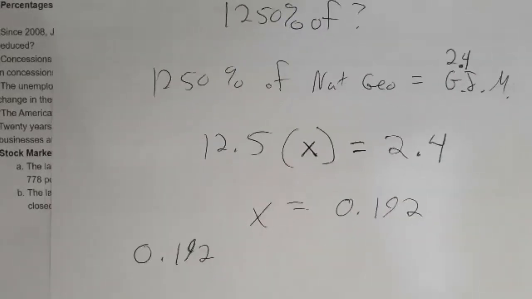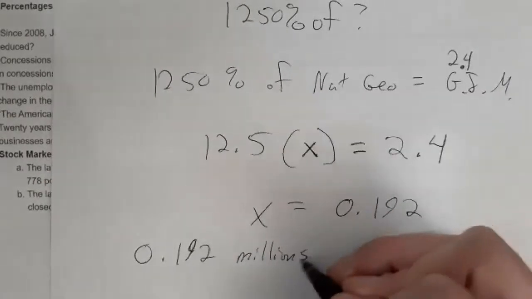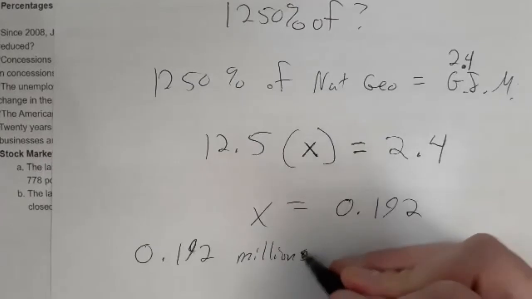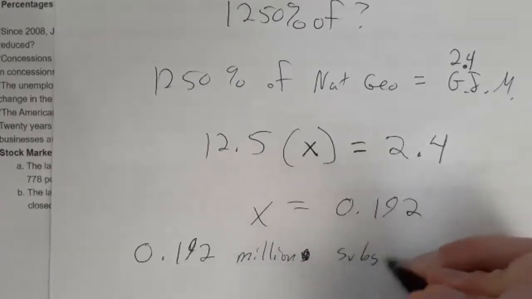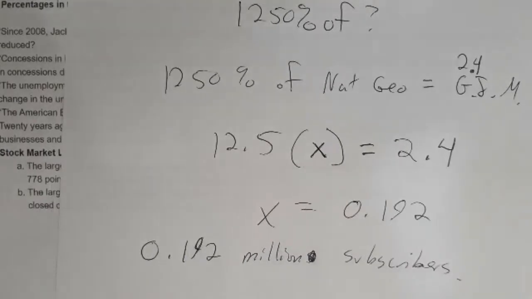And what is that? You might want to put some units on there to go back to what they're talking about. They're talking about 0.192 in millions of subscribers. Does that make sense with what they're giving us?